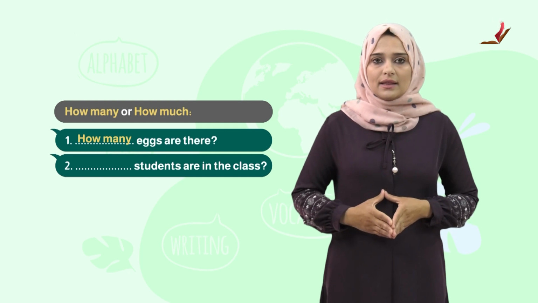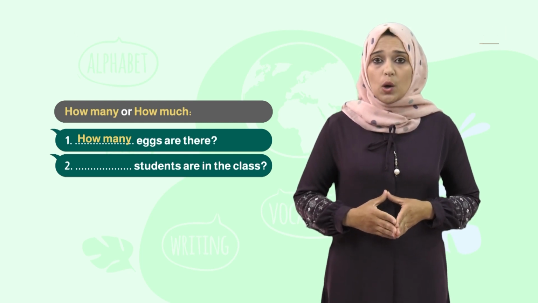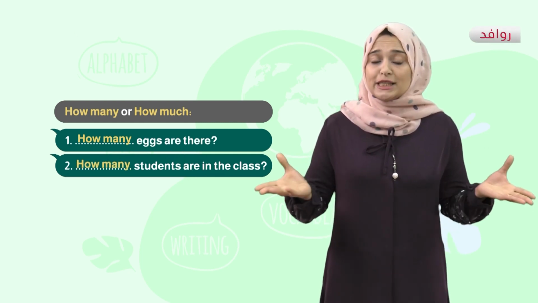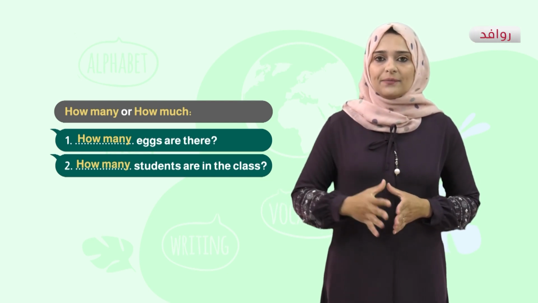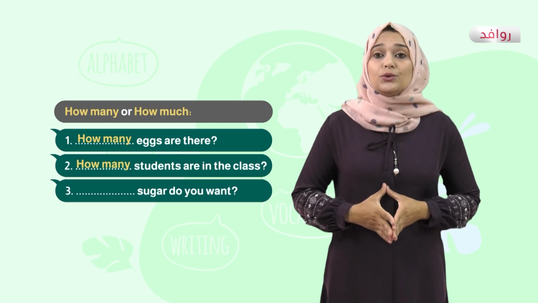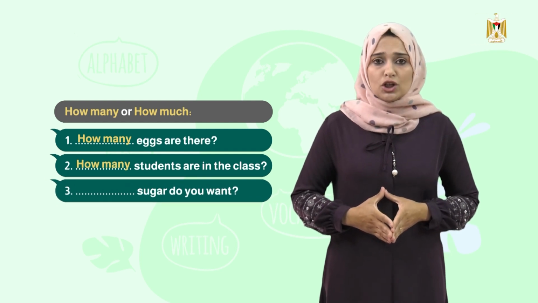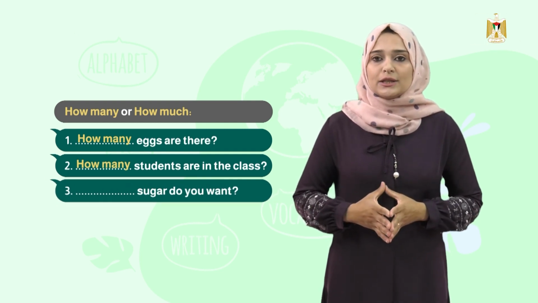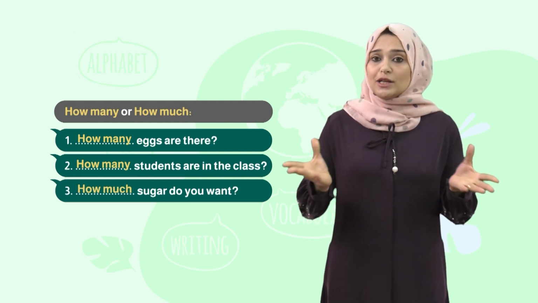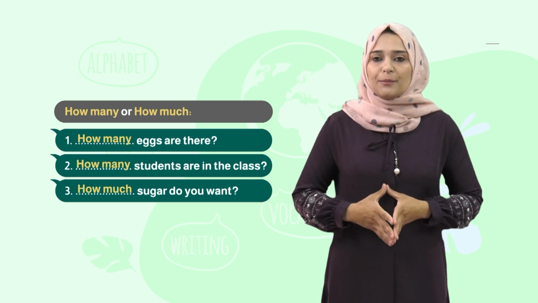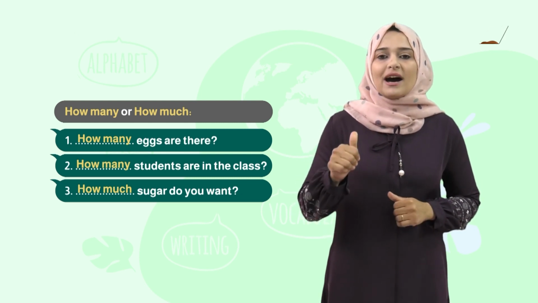So, the answer is also how many. How many students are there in the class? 3. How much sugar do you want? Now, sugar is uncountable. So, we ask with how much? How much sugar do you want? Beautiful answers. You are magnificent.